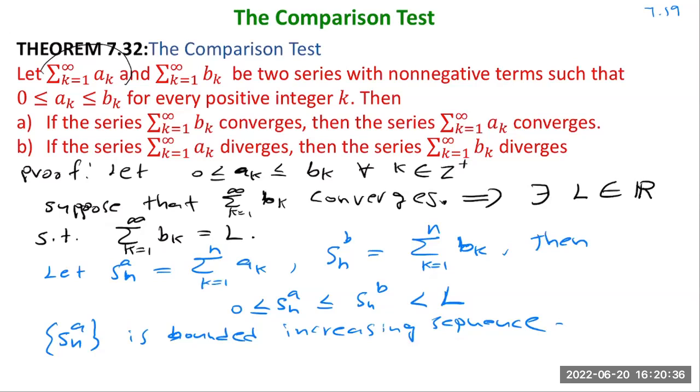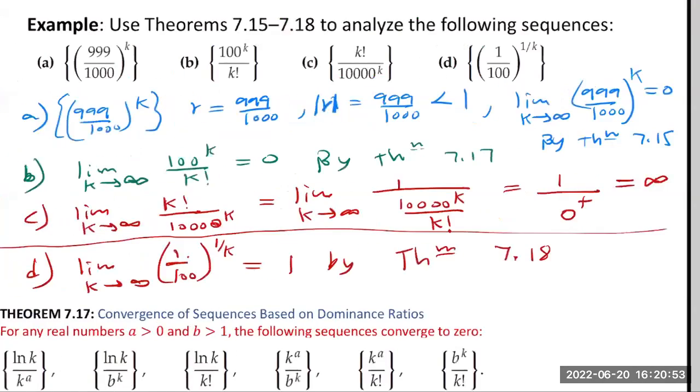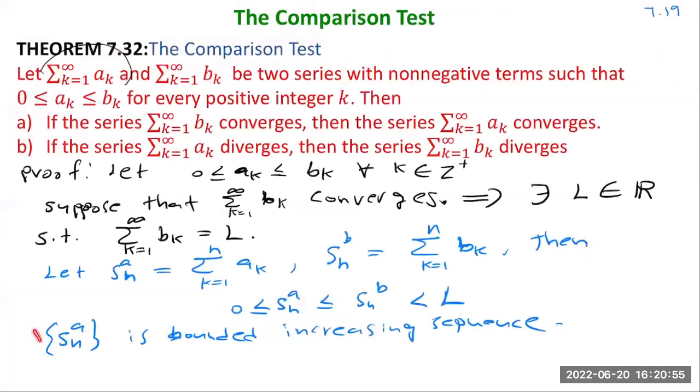So all bounded monotone sequences are convergent by theorem 7.19. If you recall 7.19, if AK is both bounded and monotonic, then AK converges. So since this sequence here is bounded and increasing, that means it's bounded and monotonic, it is convergent.